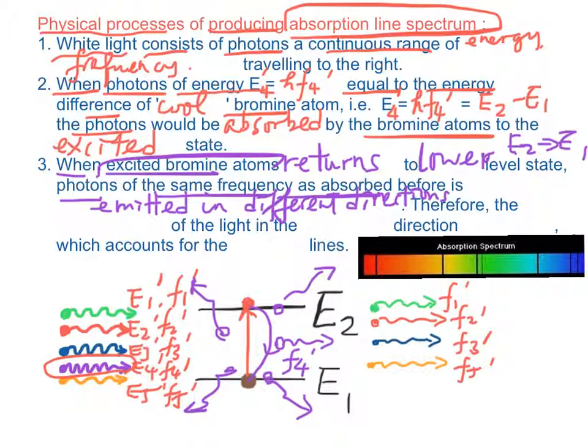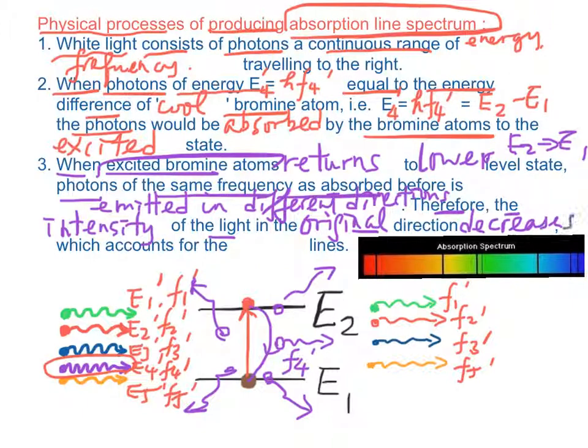For these atoms, the intensity of the light in the original directions, that is to the right, decreases, which accounts for the appearance of the dark lines.